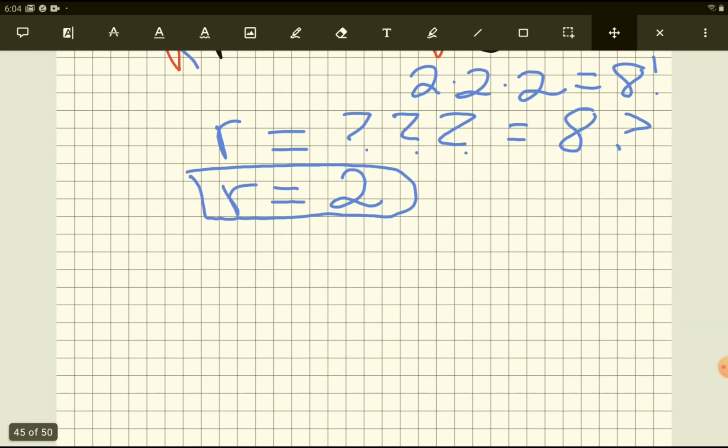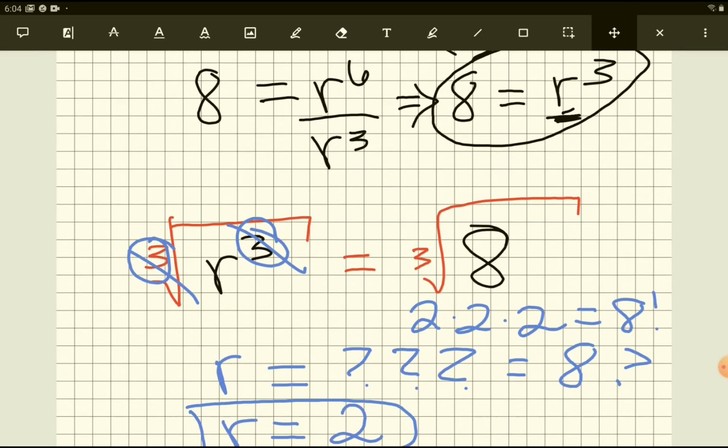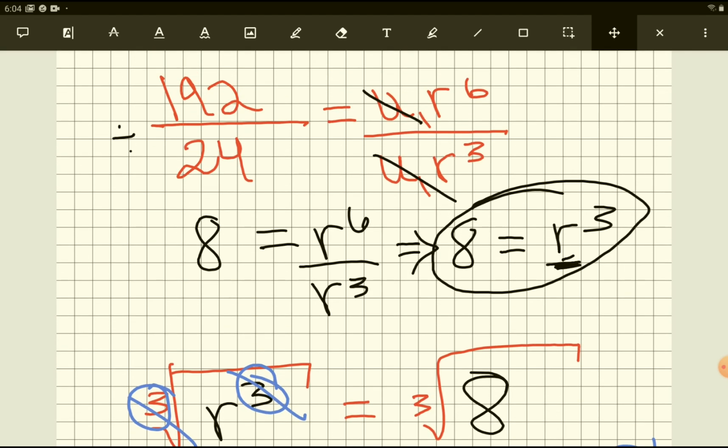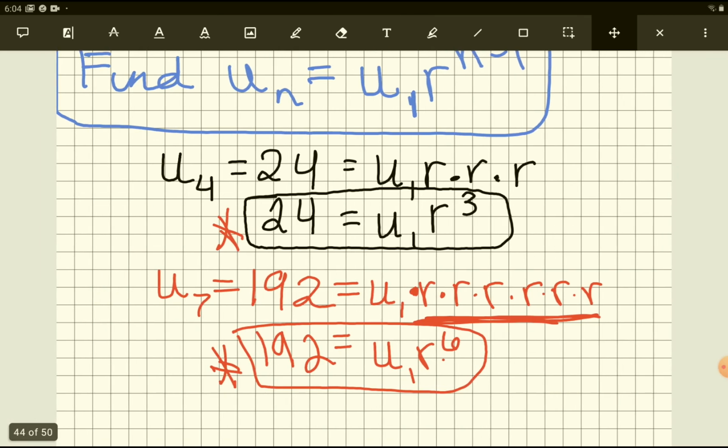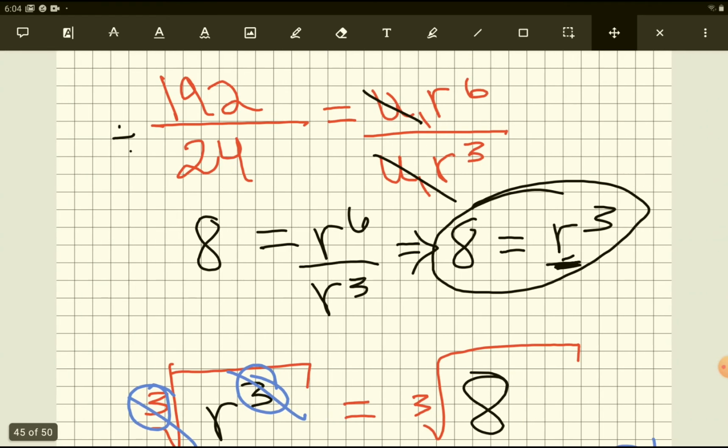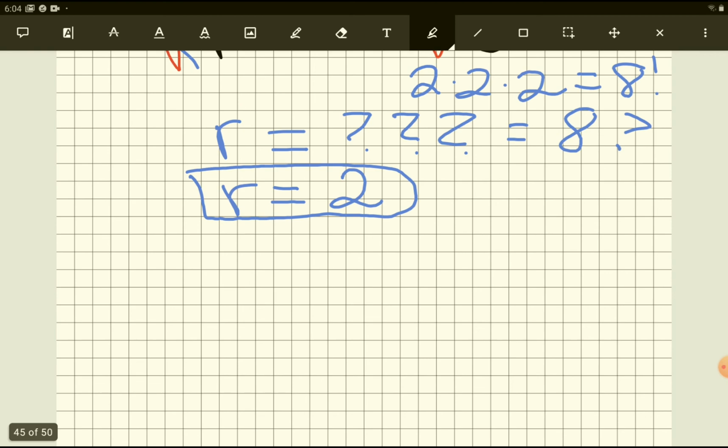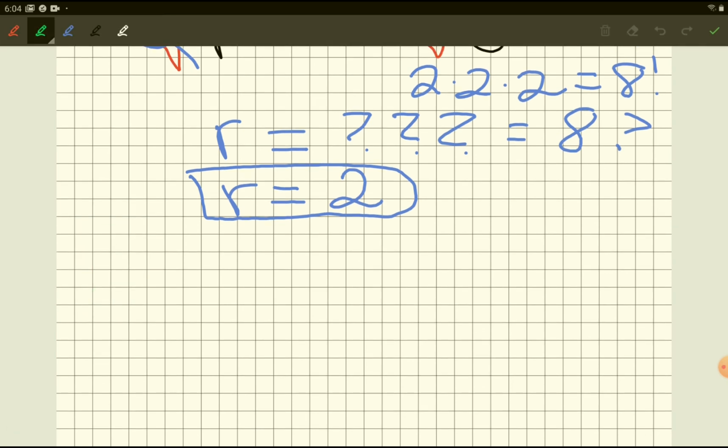And so now I'm going to go back and show you what I'm going to do. I'm going to use this equation in the black box. So 24 equals u sub 1 times r cubed.